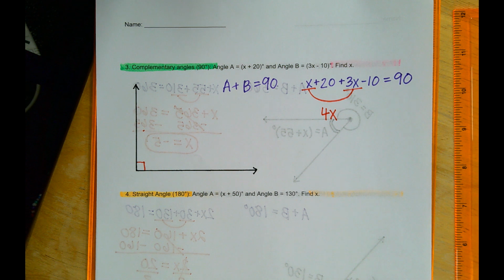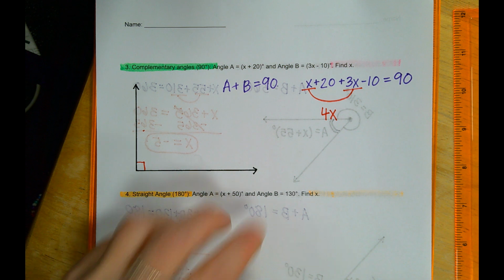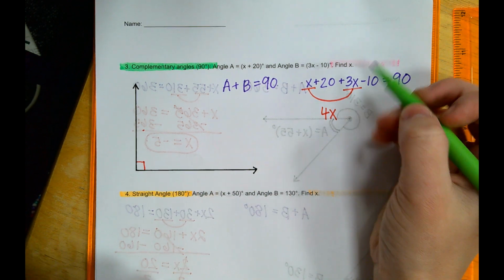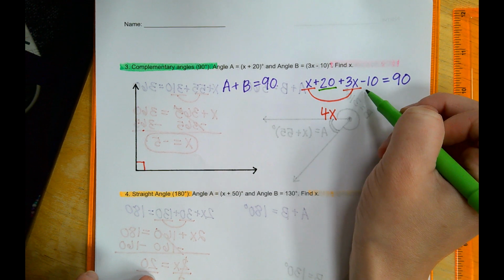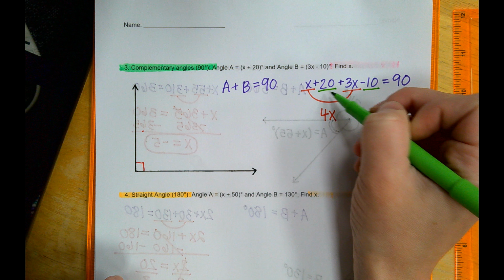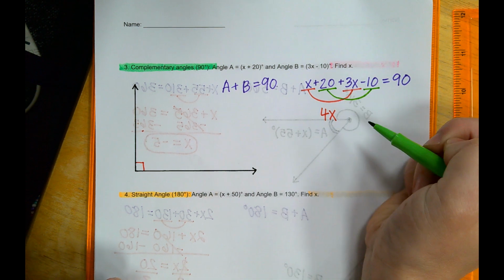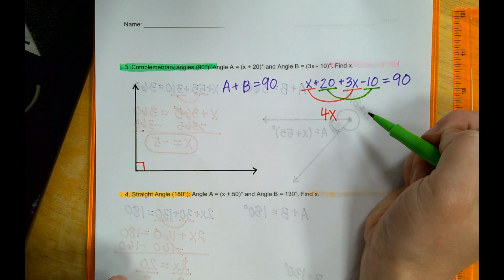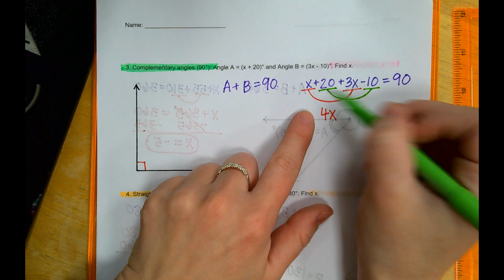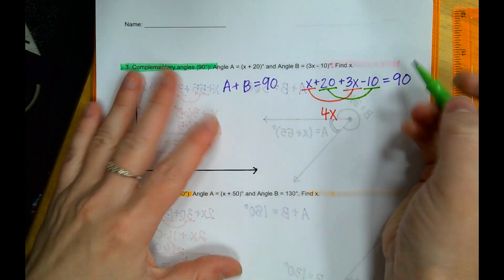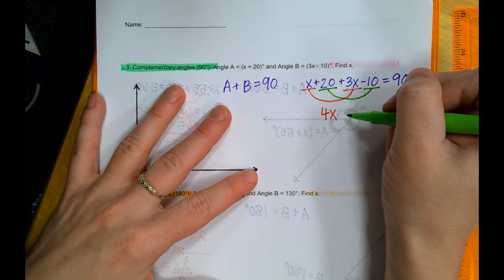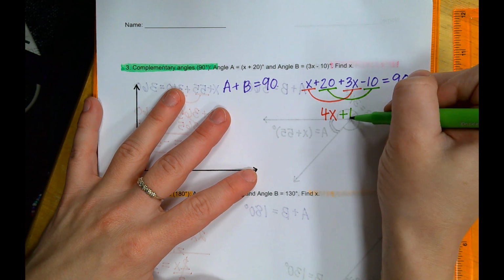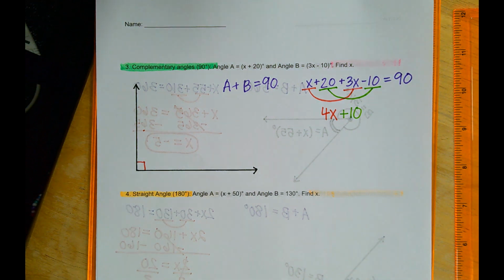I'm going to do green. So now I've got 20 and minus 10. So we do 20 minus 10. And is that going to give me a positive 10 or a negative 10? Positive 10. Perfect. All right, so now I got 4x plus 10.